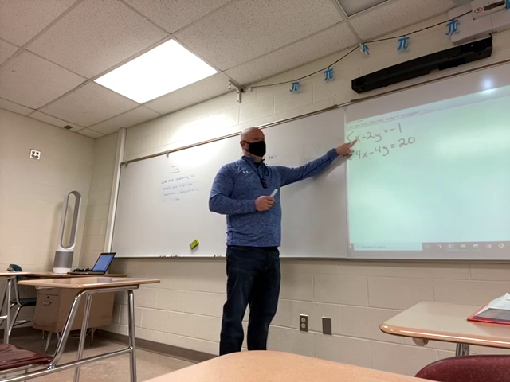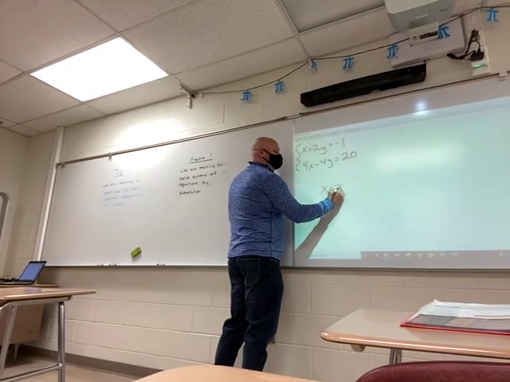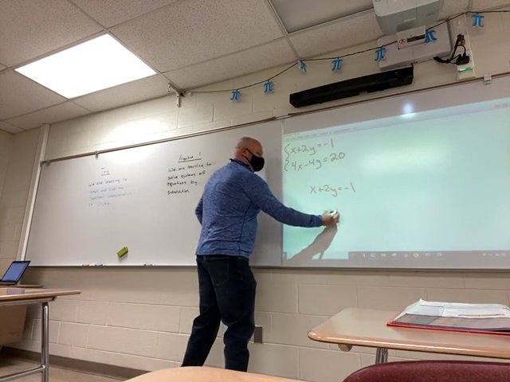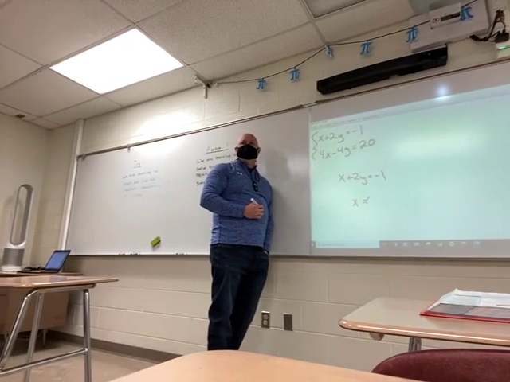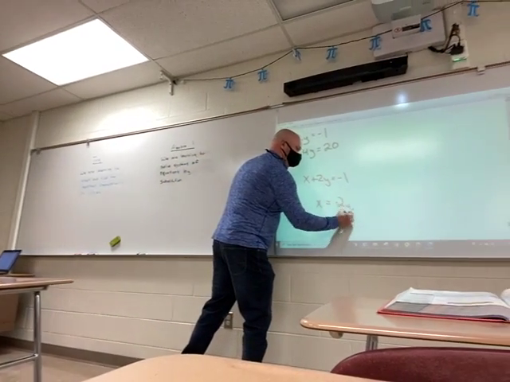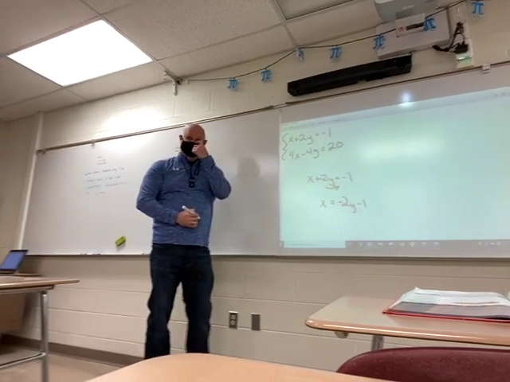I'd get this x all by itself, right? So instead of x plus 2y is equal to negative 1, what's x going to equal? Negative 2y minus 1. Just got to move that to the other side.